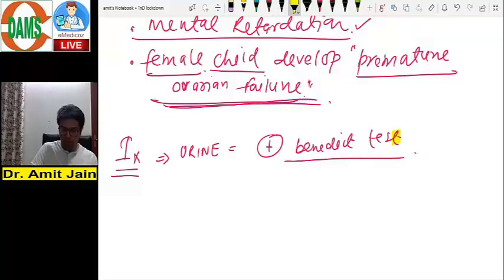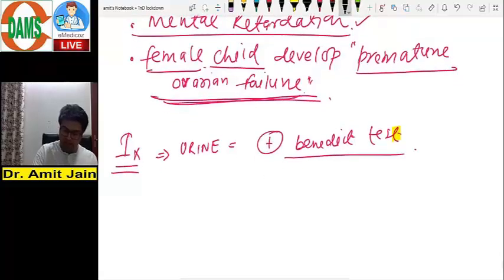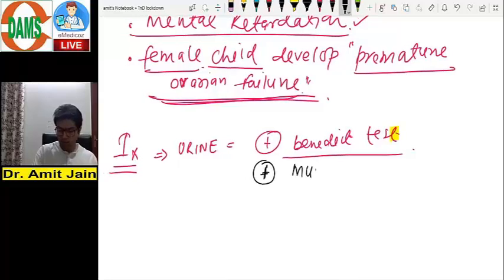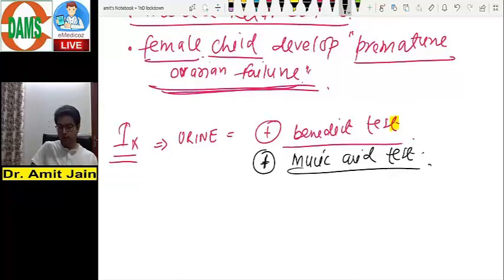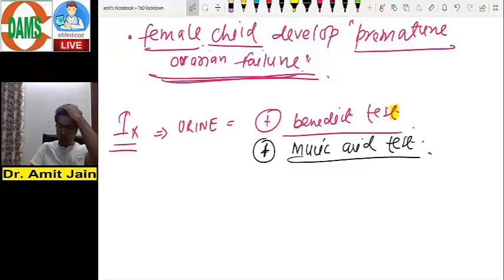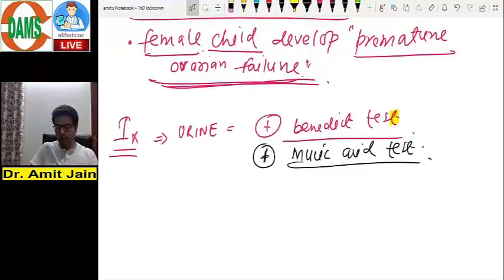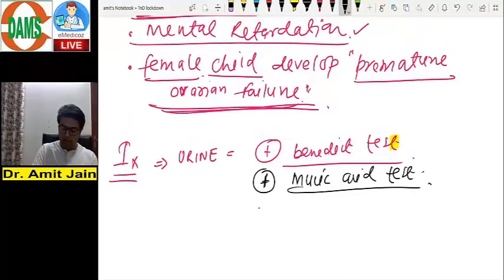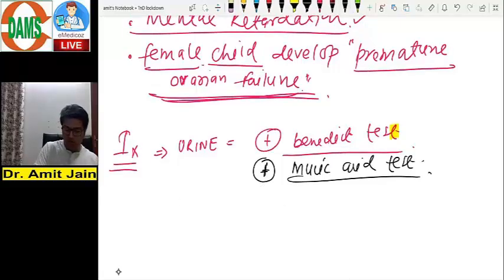Positive Benedict test will be there. And there is a test that you will see in your labs later on, that is the positive nucleic acid test. That is a test that will be taken in the practical section. We will also take it later. I'm just writing the name. And there is a negative, not in the urine, but blood sugar is normal.